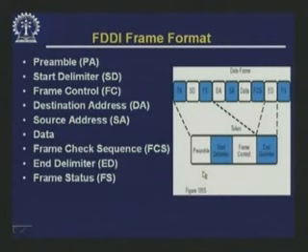Now, a quick look at the FDDI frame format. As I said, FDDI is a technology which is not moving forward very much these days. It may be slowly on its way out, because we have other ways of achieving the main point of FDDI, which is its fault tolerance.